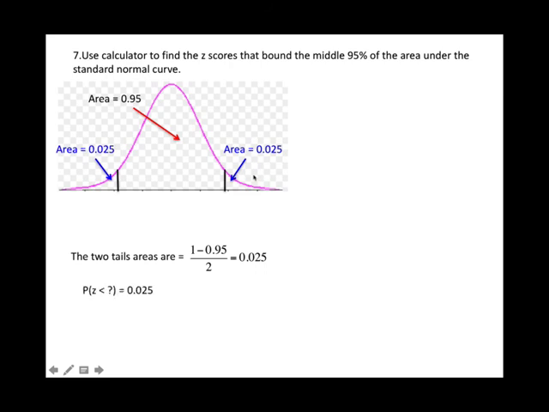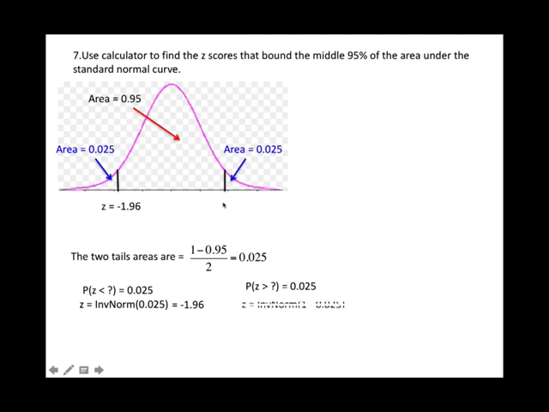Okay, first, we're going to find the z-score on the left-hand side here. You already know the area from the left, so that will be inverse norm 0.025. Use the calculator. You're going to get negative 1.96. Now we want to figure out the z-score on the right-hand side.